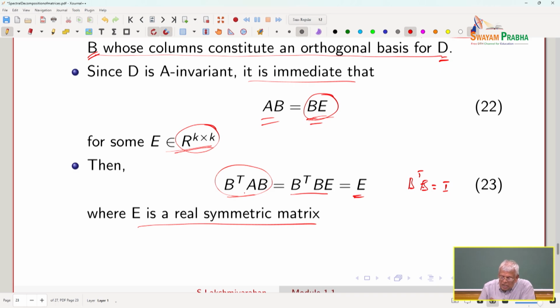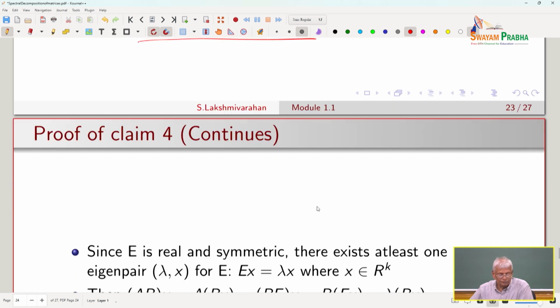B transpose AB we can generally consider as a transformation of A. This is called a congruence transformation of A. Similarity transformation, congruence transformation. So this is an example of a congruence transformation.